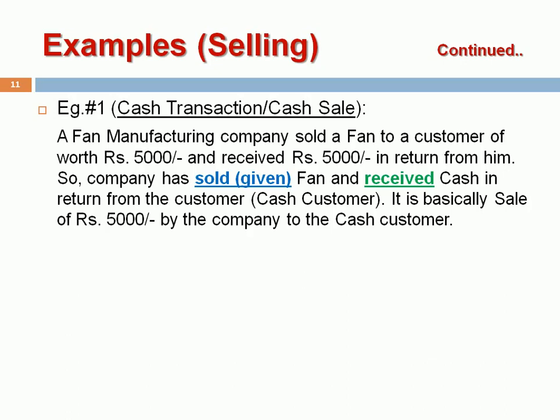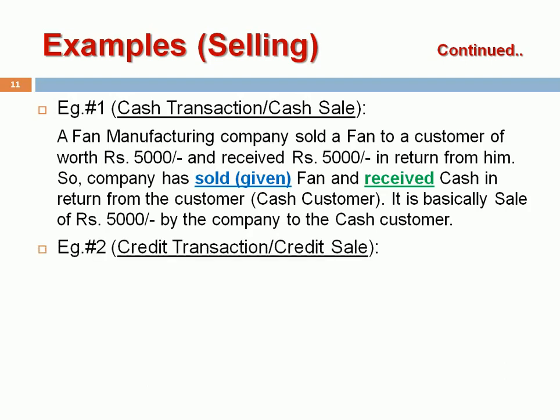So company has given a fan and received cash in return from the customer. It is basically sale of rupees 5,000 by the company to the cash customer. So it is a cash transaction of rupees 5,000. Next example, we are looking at a credit transaction of sale.